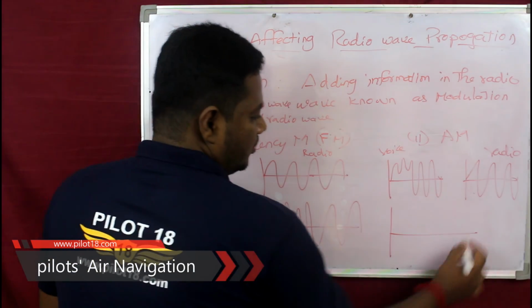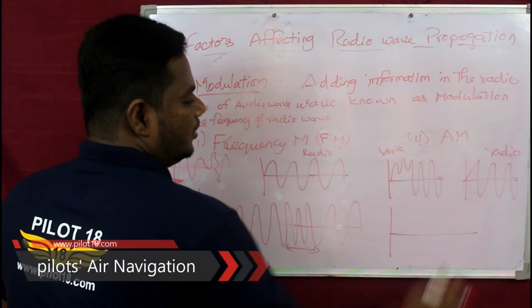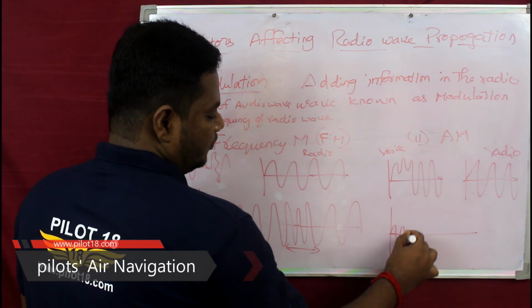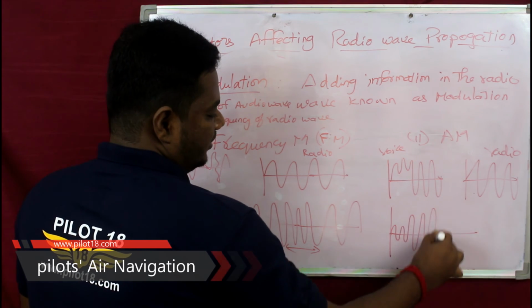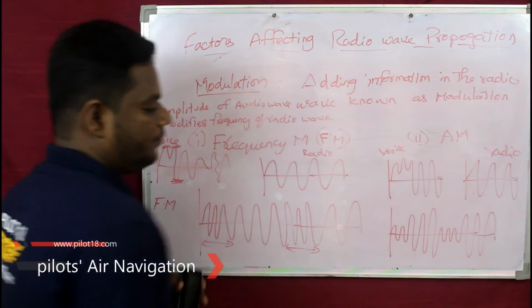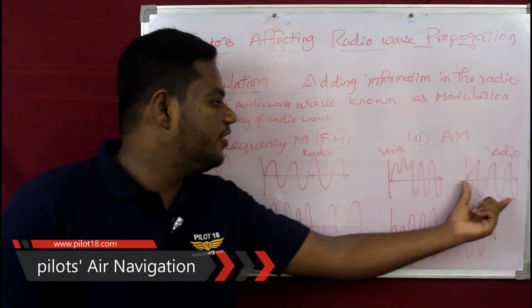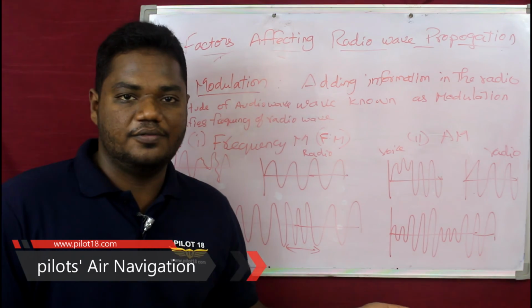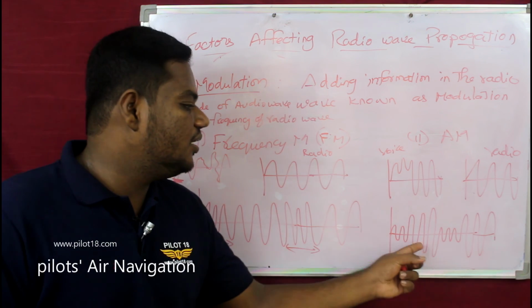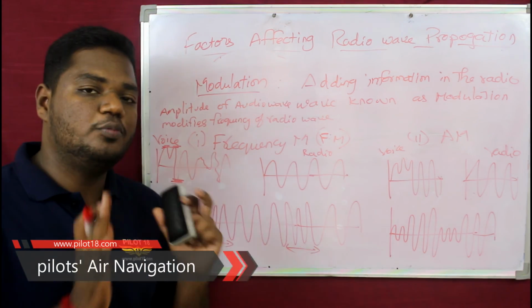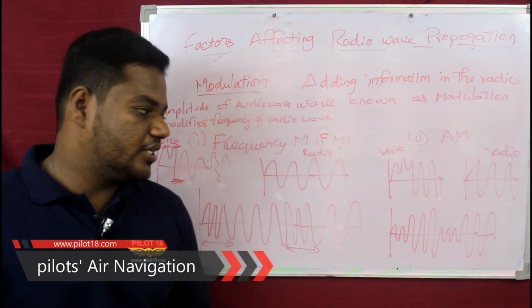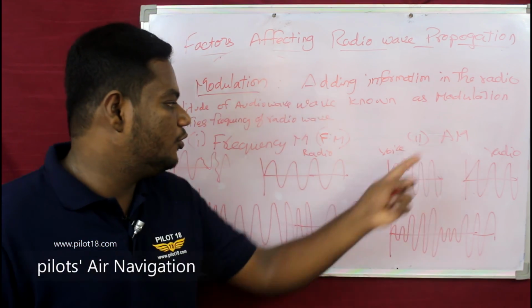So after imposing my voice into the radio wave, the modulation looks like this: initially it will be small, then big, then again small, big, something like this. Because my voice modified the amplitude of the radio wave. When I put my voice into the radio wave, its amplitude gets changed. That kind of modulation is known as amplitude modulation.